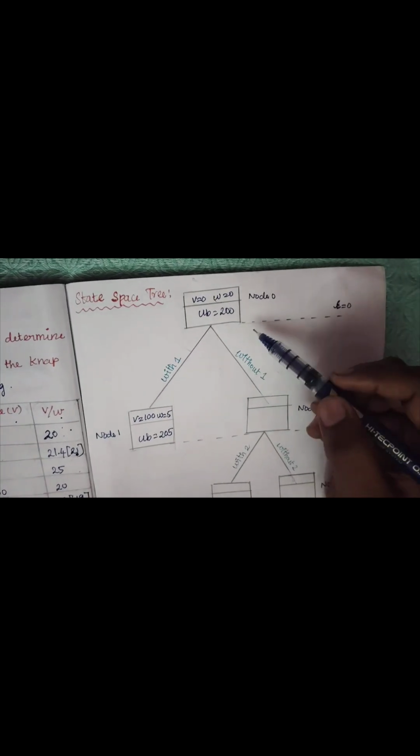We are assuming the case without item 1, that is, there is no item in the knapsack. So the value of V is 0 and W is also 0. Now we are substituting the values of V and W without the first item A: V is equal to 0, capital W is 10 and small w is 0.